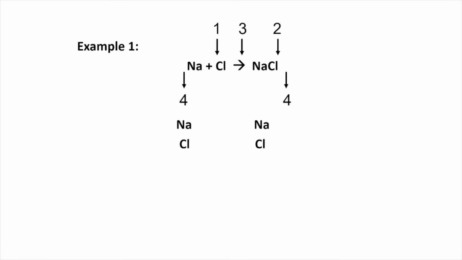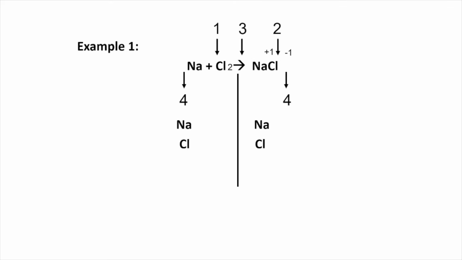To explain this example using the different steps set out here, step 1 is to identify the diatomic molecule. Step 2 is to write the valencies of the products. Step 3 is to draw a line between our reactants and products.